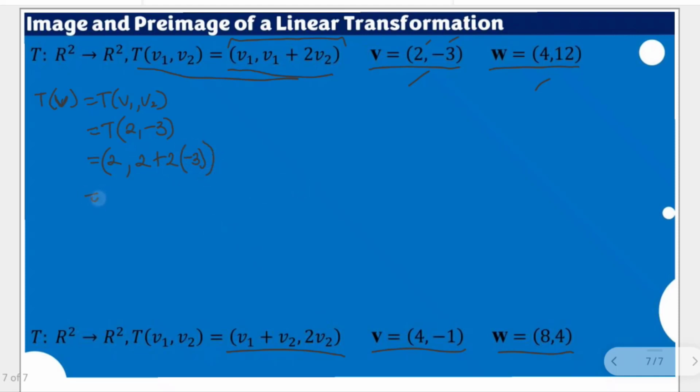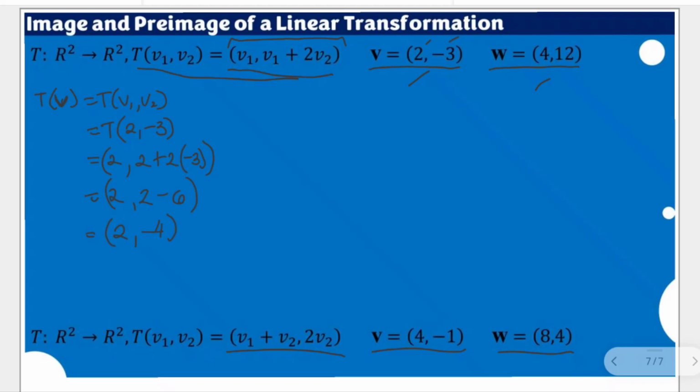This would mean this is 2, that's 2 minus 6. So the image of vector v here is the vector with components 2 and negative 4. This is the image of your vector v.